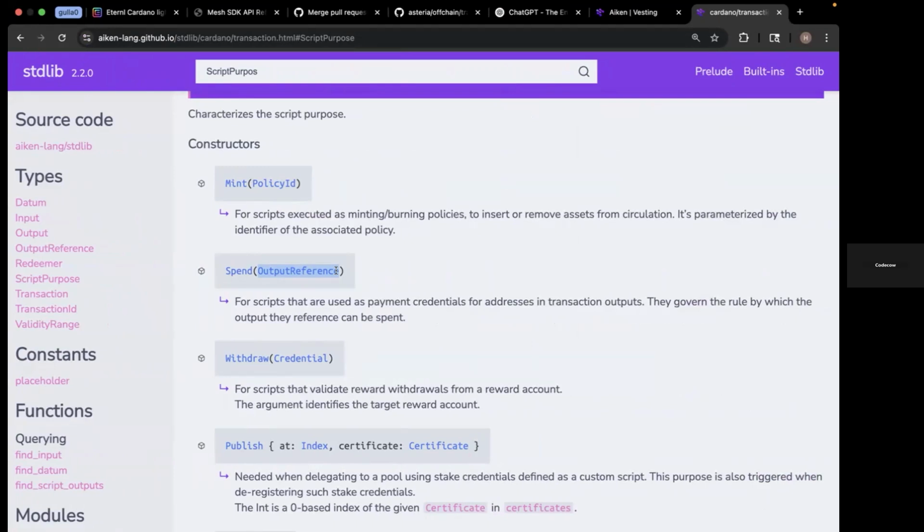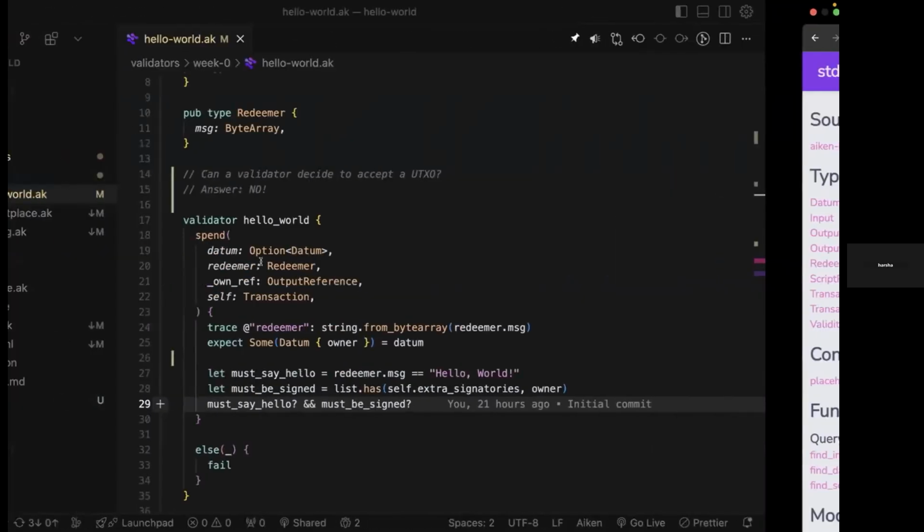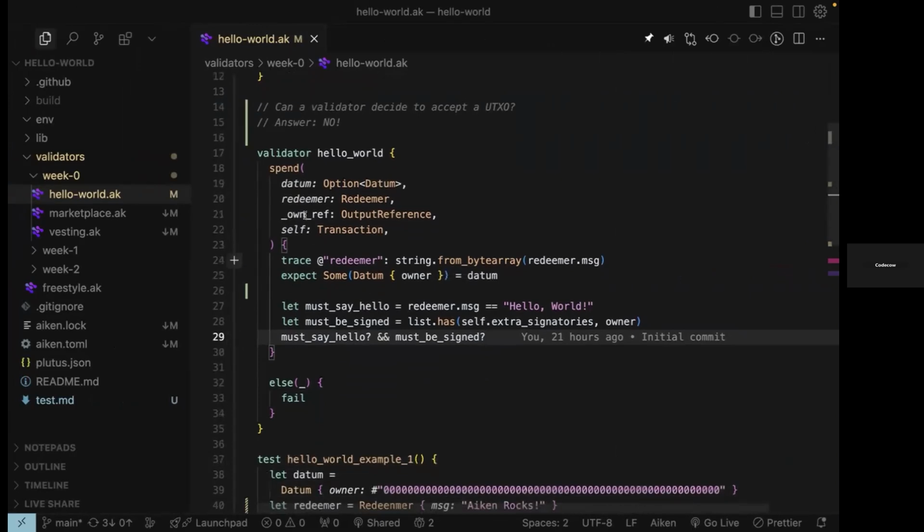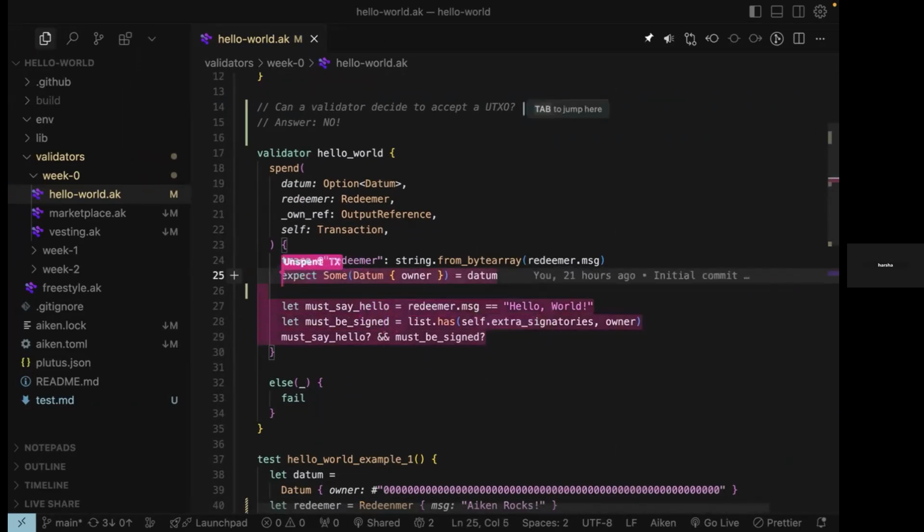Run some tests. I think if you comment out datum, it's going to fail. Let's see. If I comment out datum, this part will struggle. So I'm going to comment all of that out and just return true. Here, can I do it? Yeah, go for it.